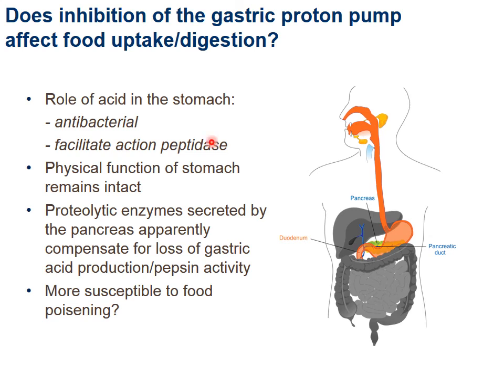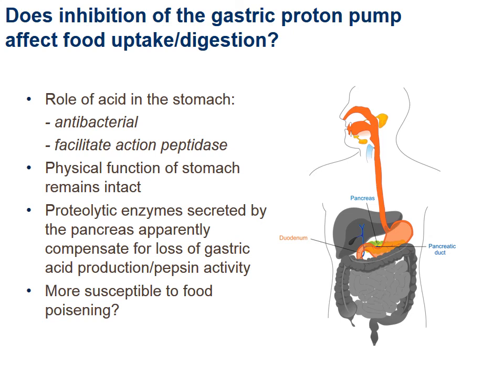And so both roles are affected by the use of proton pump inhibitors. So one might expect that people taking proton pump inhibitors have a slight problem eating a protein-rich diet.